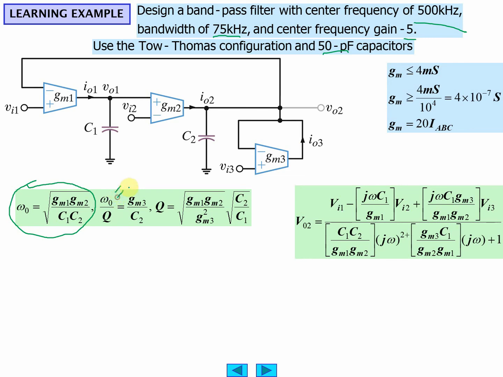That's going to be your bandwidth, by the way. Bandwidth, 75 kilohertz, so that's the second one. And we've got a nice equation for it. And then the quality, we're going to find out gain of -5, and that would be VO2 over V in.